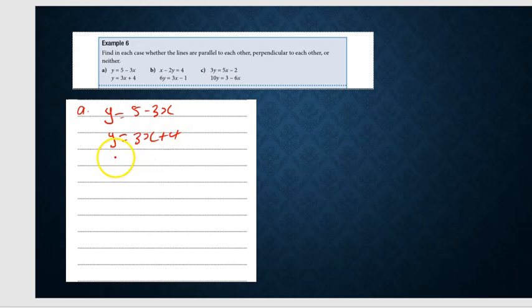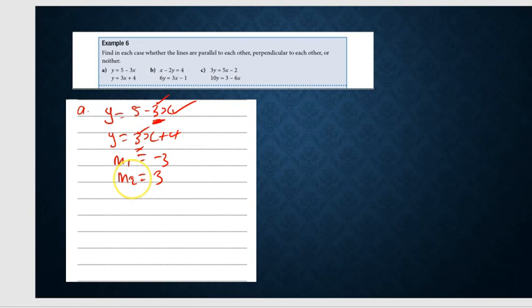So the gradient is equal to the coefficient of x. In the first equation, the gradient is -3, the value with x. The gradient of this one is +3, so m2 is +3. So we have -3 and +3.